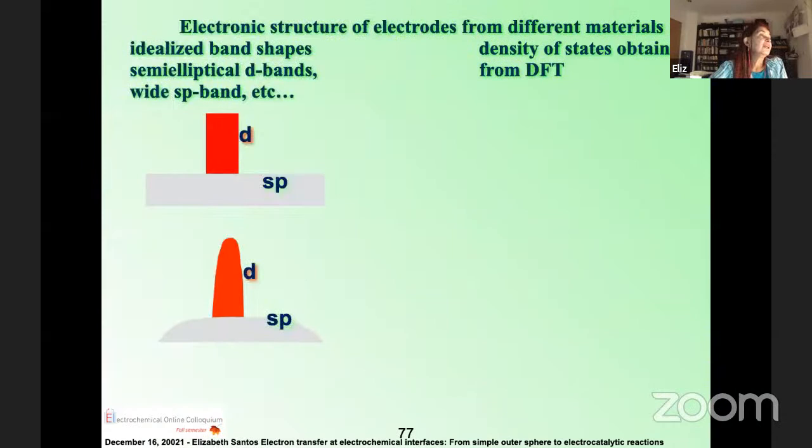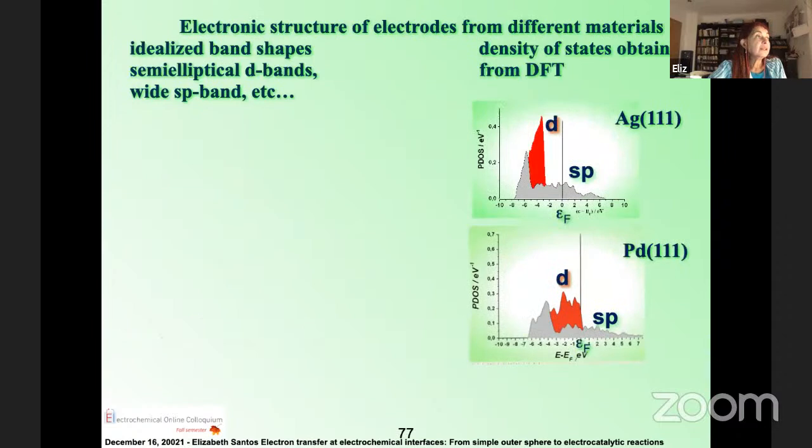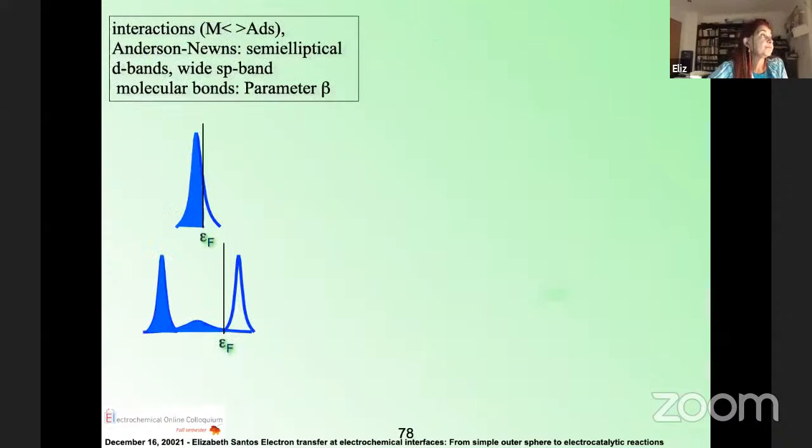In the first part, I showed that most of the results were using idealized bands like the semi-elliptical band or the wide band approximation. But if we obtain the electronic density of states of the electrodes from DFT, then they look like this, and we can use this electronic state for the different bands of an electrode, the p band or d band, to fit the density of states.